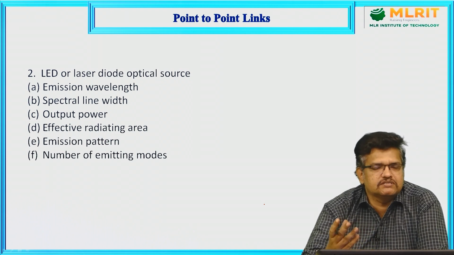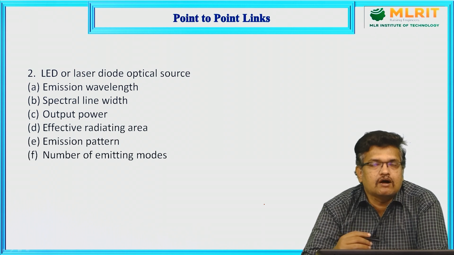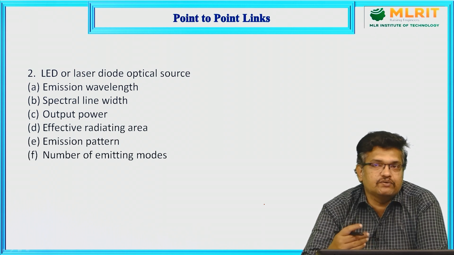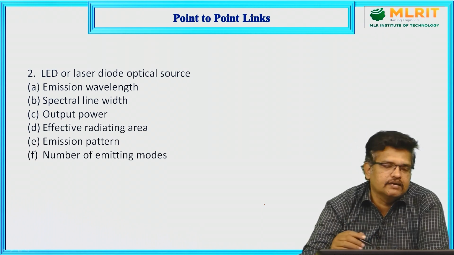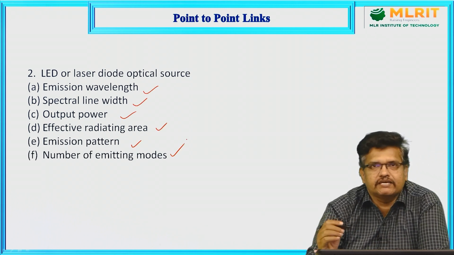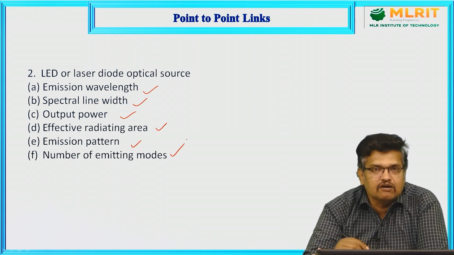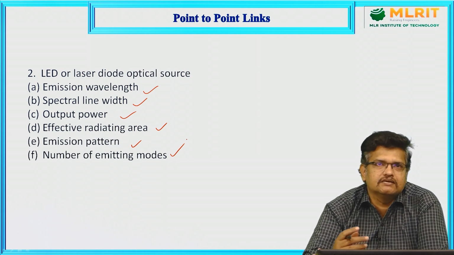Even if we choose laser or LED, we have to consider all these points: emission wavelength, spectral line width, output power, effective radiating area and how much it can cover, emission pattern of the light rays, and the number of emitting modes. Whether we choose LED or laser, we should see all these things.